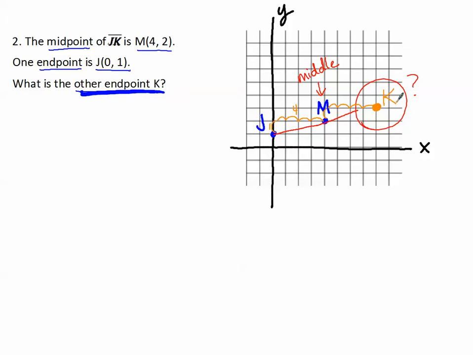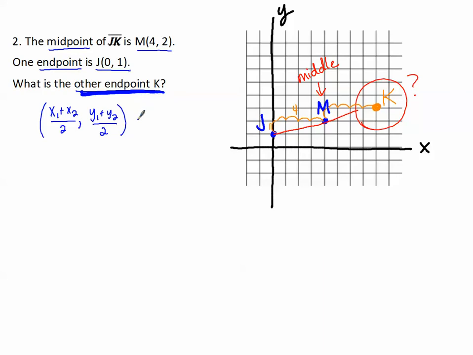But again, we don't always have the opportunity to make a graph or count in a graph. So what's an easier, more accessible way to find the other endpoint? Well, remember our formula. Our formula is x1 plus x2 divided by 2, comma, y1 plus y2 divided by 2.